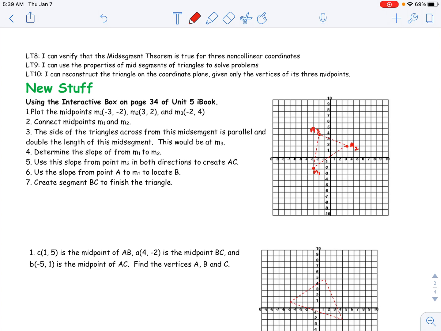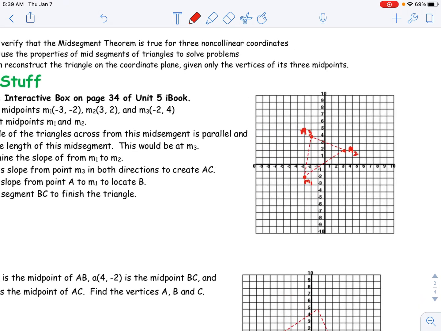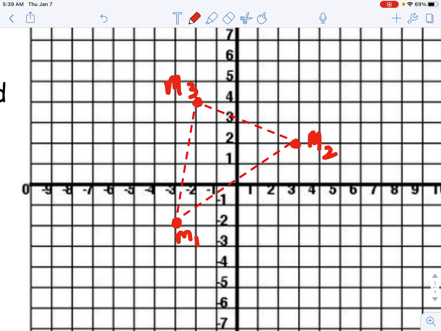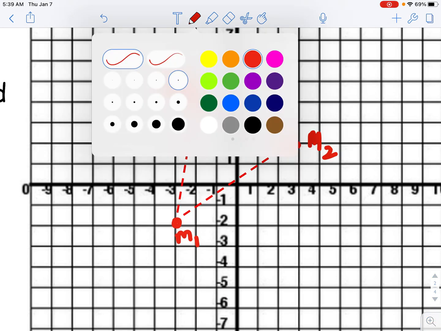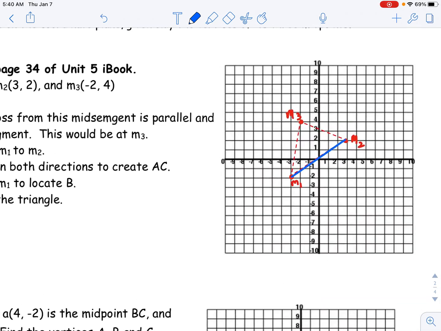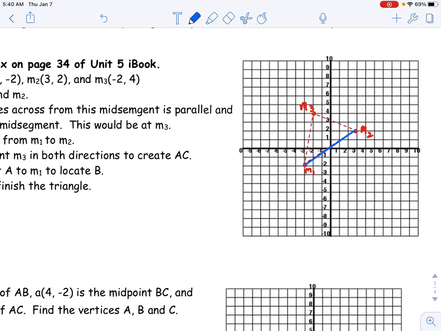Alright, let me think about something. We're just going to start diving in, and we're going to determine the slope of this line right here. Let's focus on M1 to M2.